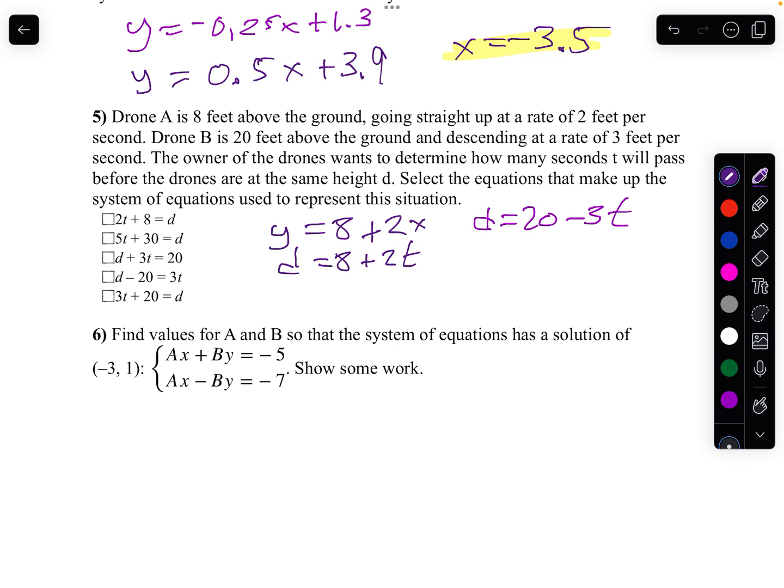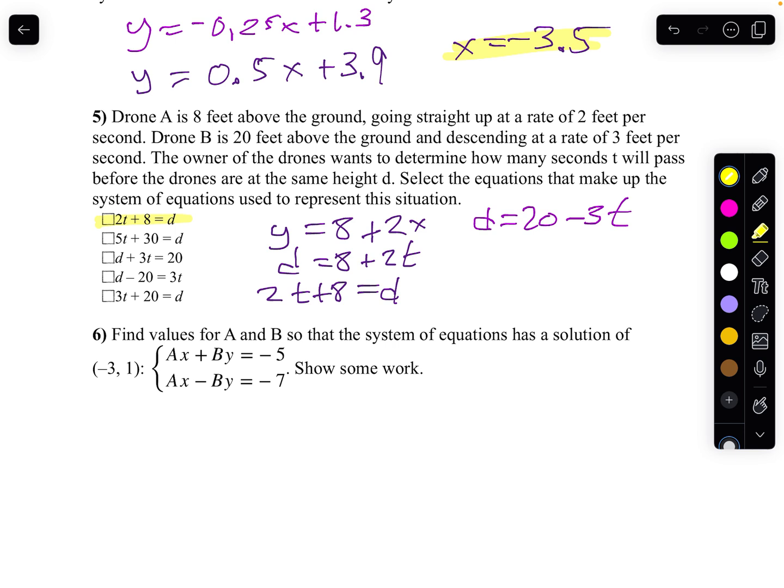The only thing is I use the symmetric property, and I'm going to say 2t plus 8 equals d. So we definitely want to choose that one. Now, we don't have a slope of 5 on any of them. And we do have a slope of 3, but notice the third choice is written differently. They have d and t. They have that in standard form.